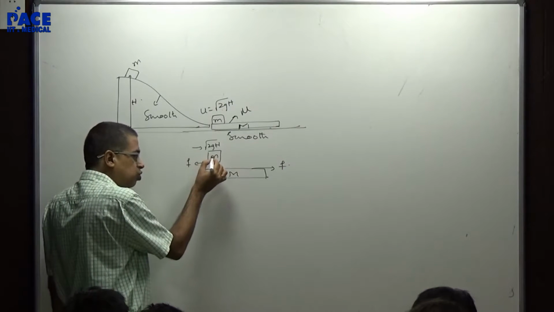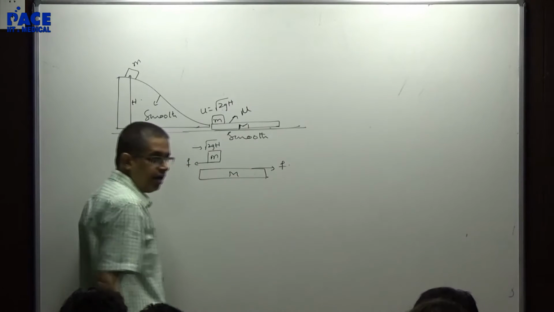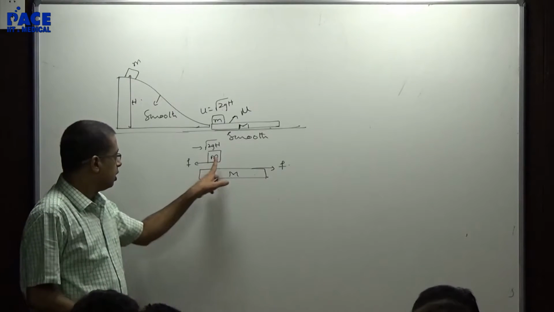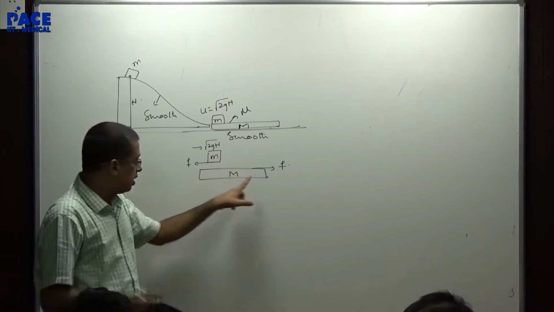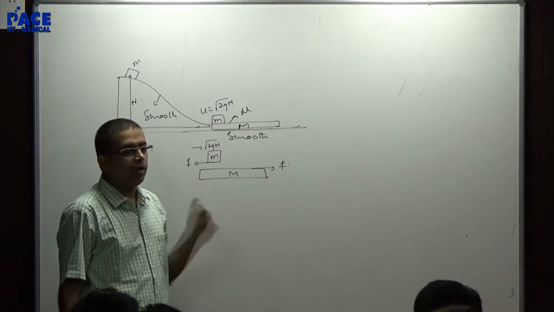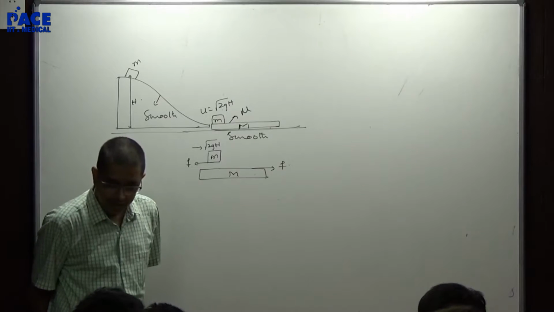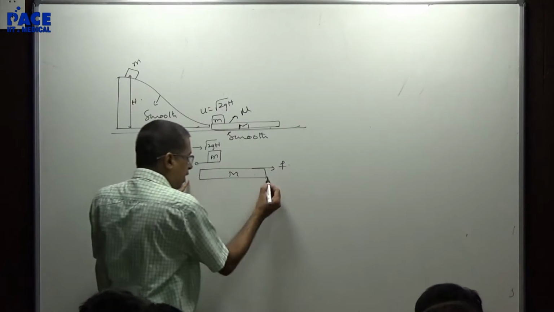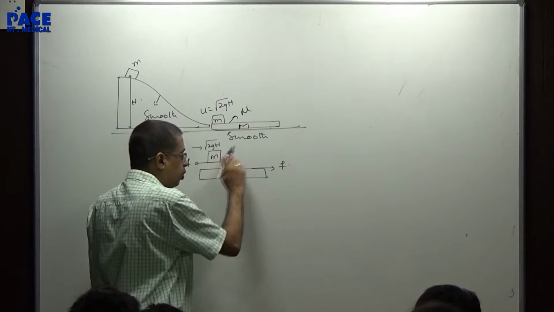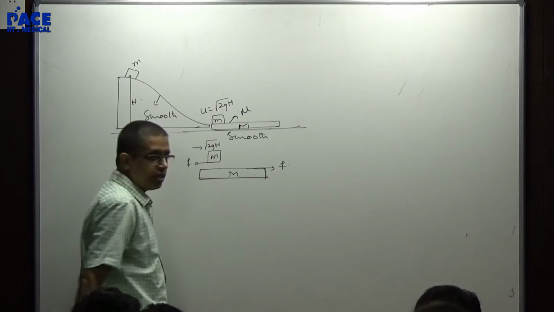It is trying to slow this down. Simultaneously it is trying to accelerate capital M. At some stage, this velocity is decreasing, this velocity is increasing. Both of them will start moving with the same speed. Right? The plank is sufficiently long. You may say before that can be achieved, don't you think small m will fall off? The plank is sufficiently long.